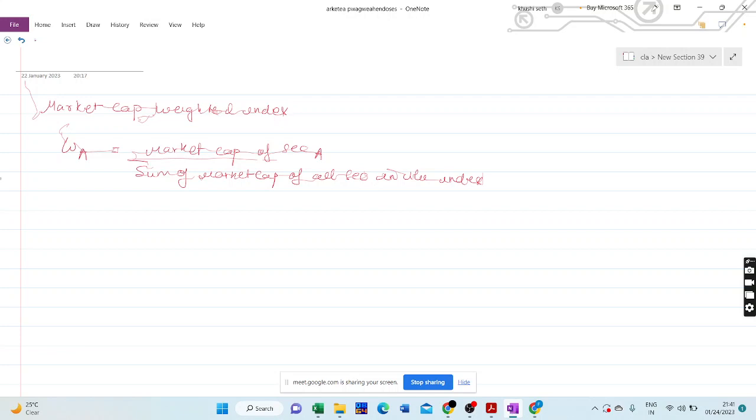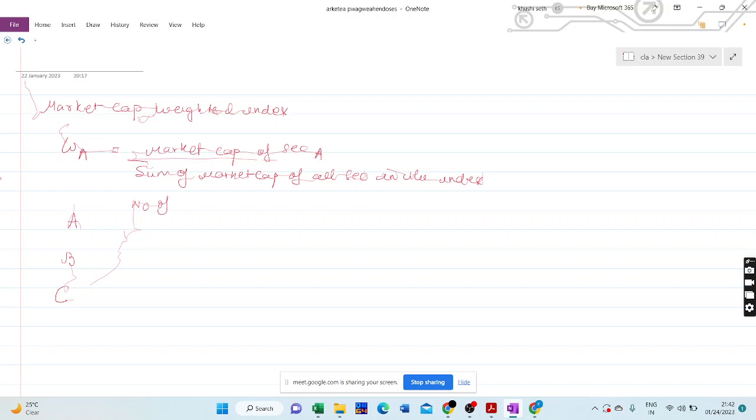So let's do a calculation as to how to calculate the return of a market cap weighted index. I had already discussed what a market cap is yesterday, right? So say there are three stocks in a market cap weighted index.